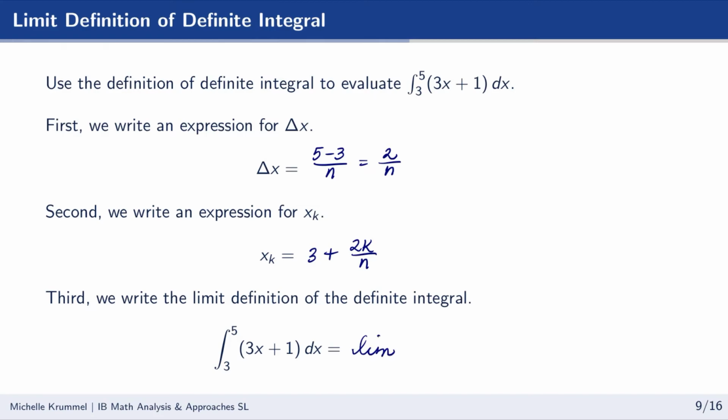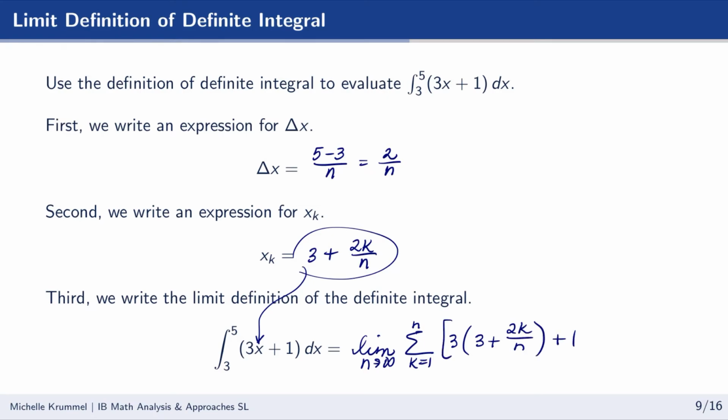So it's limit as n approaches infinity, the sum from k equals 1 to n, and then we simply substitute this in for x. So 3 times 3 plus 2k over n, plus 1. And then we substitute this in for the dx, so times 2 over n.